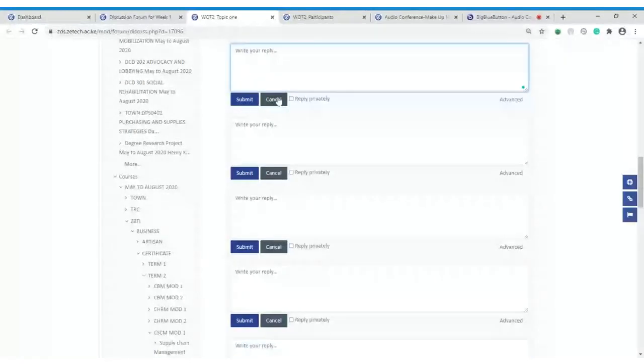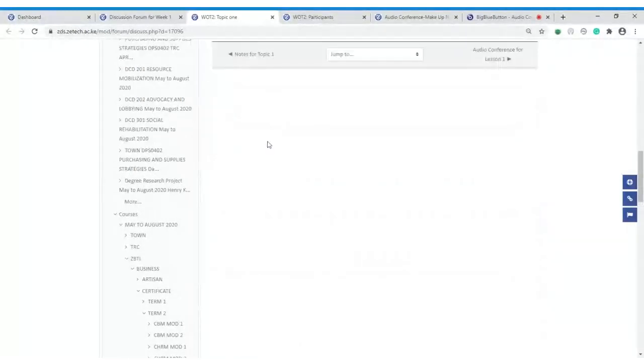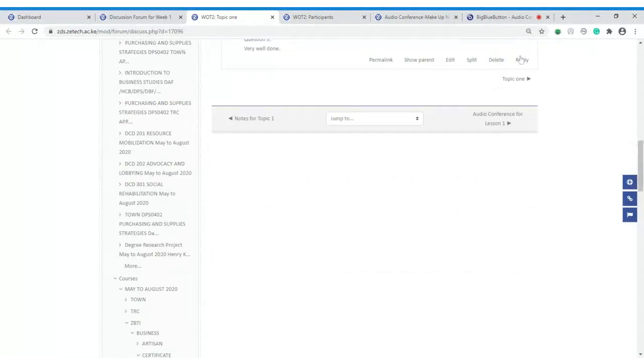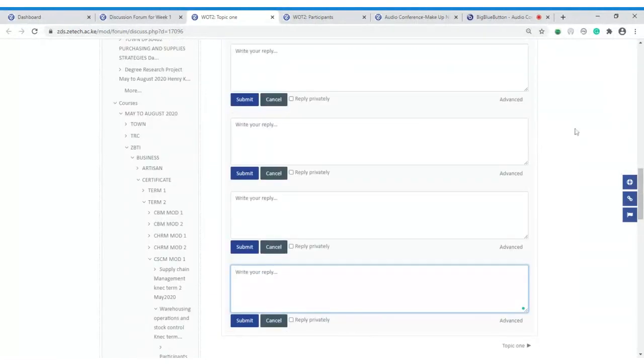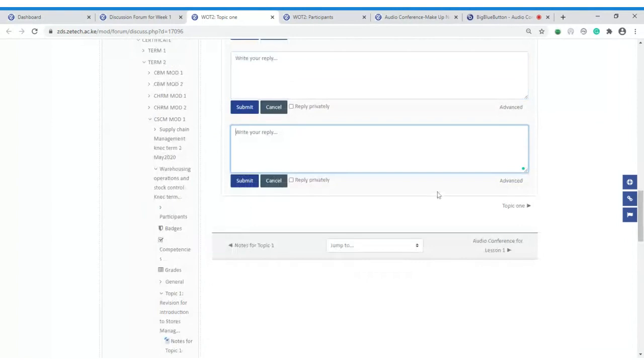Let me type here at the bottom that a bond warehouse, one of its main characteristics, is that it stores materials at the port.